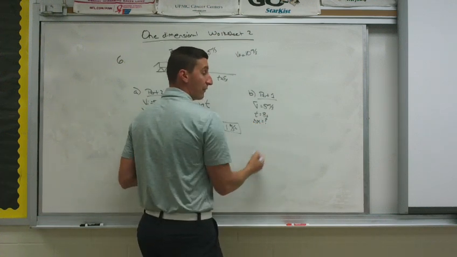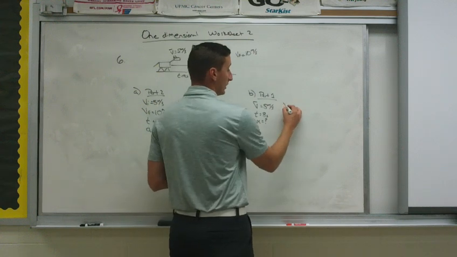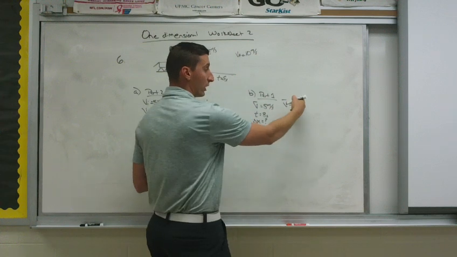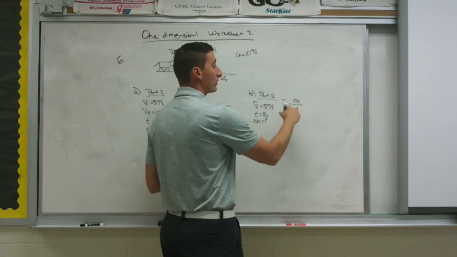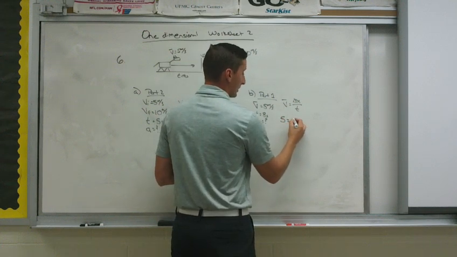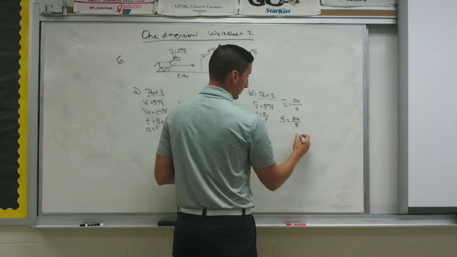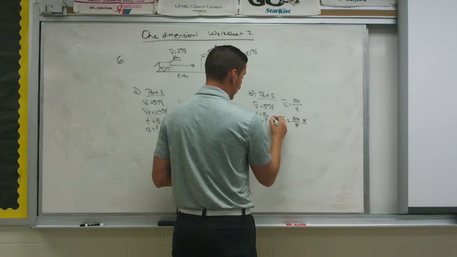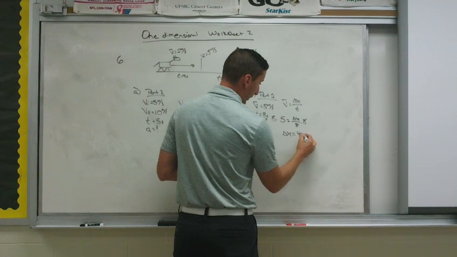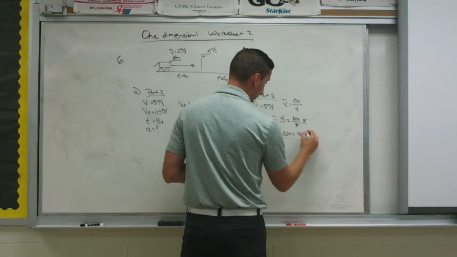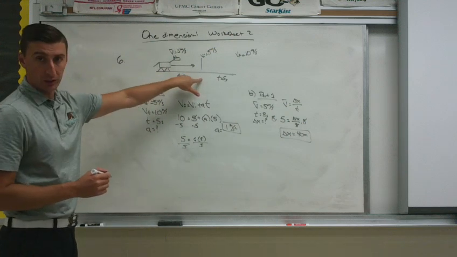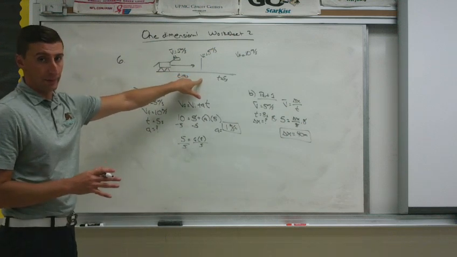So I can use the definition of average velocity: average velocity equals delta x over t. I plug in 5 equals delta x over 8. So I multiply by 8. I get delta x equals 40 meters. That's how far he covers in this first part, not the entire time.